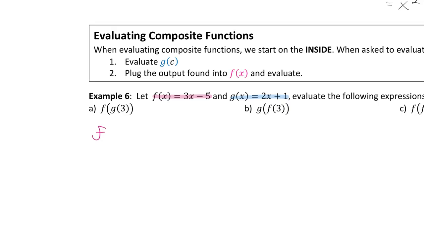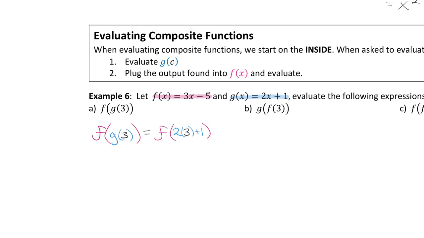I like to write these problems over again, so I have my color scheme on here: f of g of 3. G of 3 is where I start. We're going to take the number 3 and plug it into the g function. We'll leave the f there for a second. This is 2 times 3 plus 1, because I'm taking 3 and plugging it into the g function.